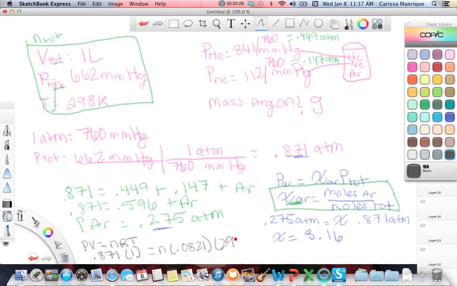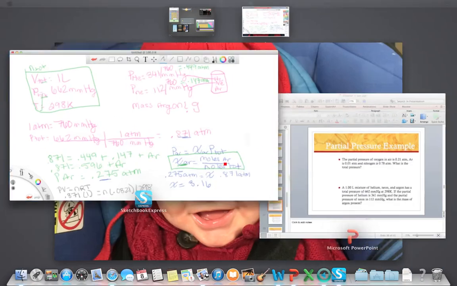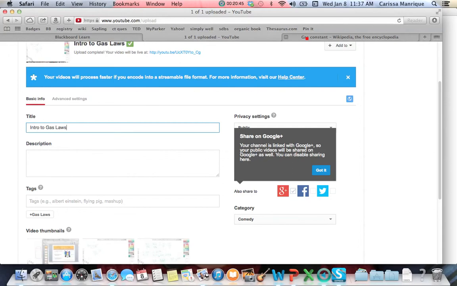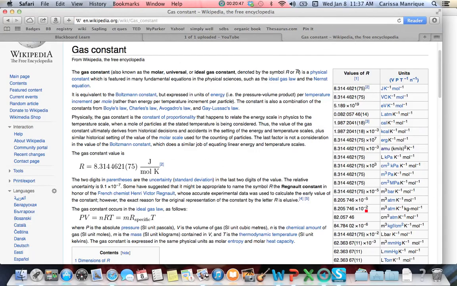Now how did I know that was my R value? I like to look at my units. So I have a liter, I have a Kelvin, and I converted this to atmospheres. So I have liter, Kelvin, atmospheres. I have this pulled up on Wikipedia here. Gas constants. Here are all my gas constants.